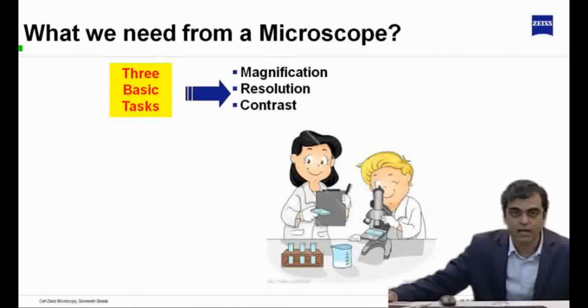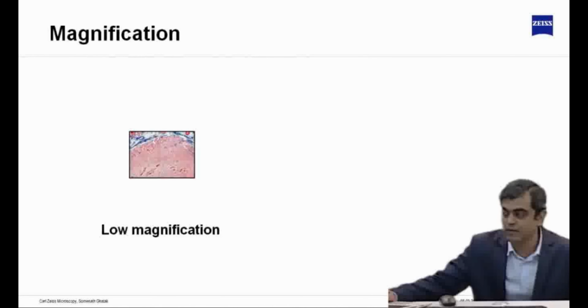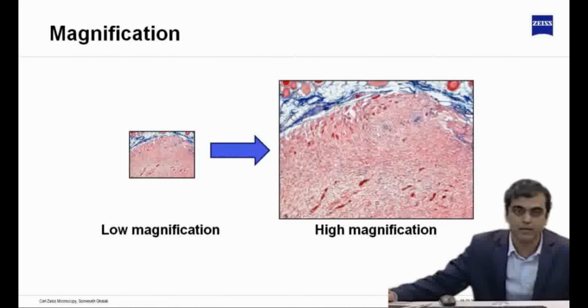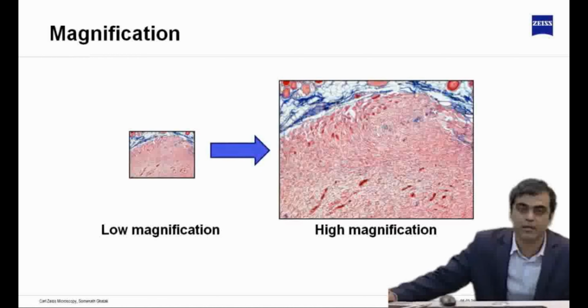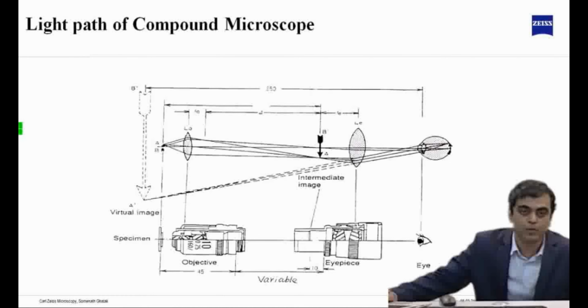And a resolved, magnified image would again have no meaning if the contrast or the details of the sample are not well described. Here you can see a low magnification and a high magnification image for comparison. In this case the sample is well magnified, but magnification alone won't help.